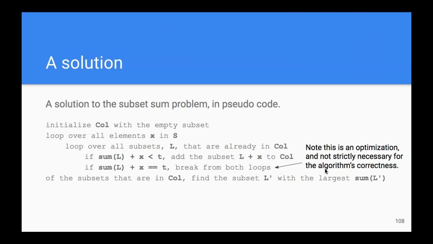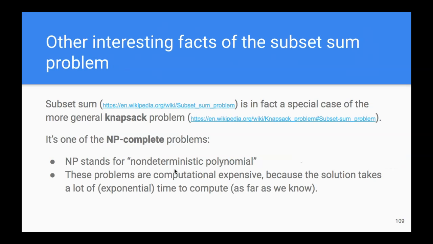It's not strictly necessary for the algorithm's correctness, but it's a very good optimization, because there's a chance we'll hit this case before we exhaustively search all of our subsets. Okay, so that's really the solution. Hopefully you understand it by now.